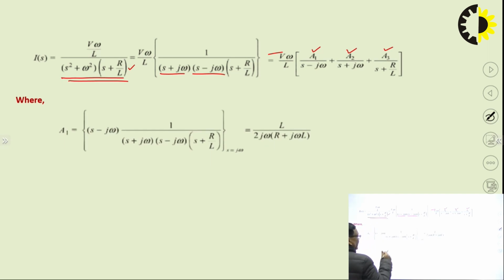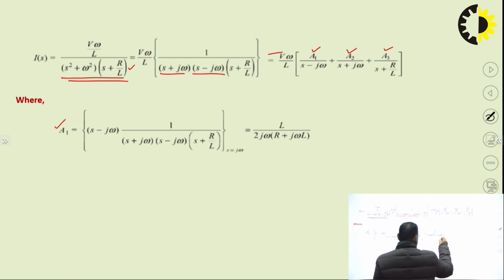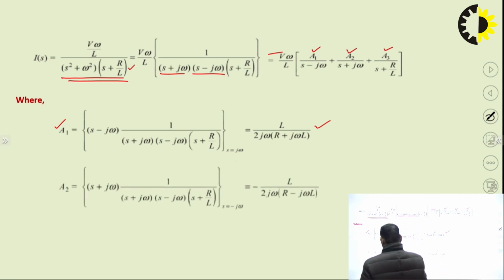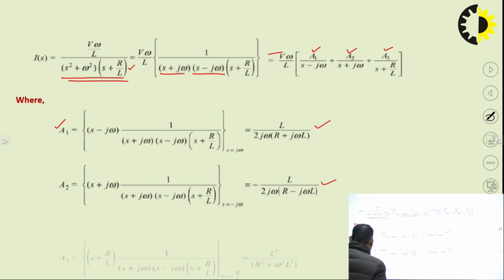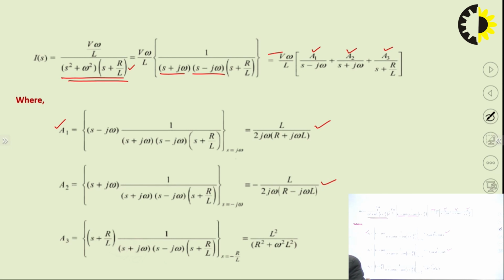So this way, by carrying out the partial fraction Heaviside expansion theorem, we can find the value of A1, which is coming this much, and A2 this much. We can see here, this is the complex conjugate. Similarly we can get the coefficient A3.